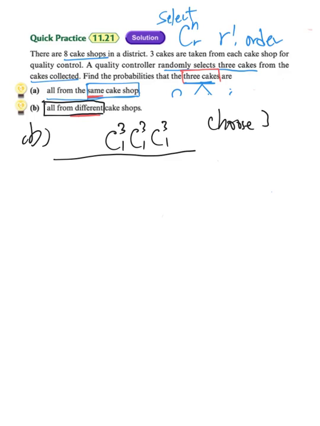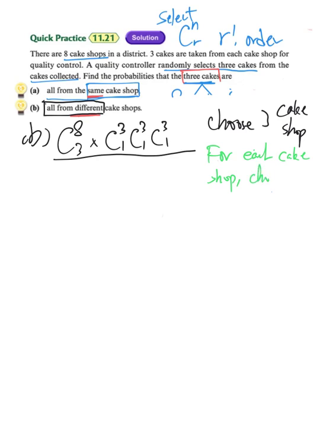And now in order to choose the 3 cake shops, you need to have another selection process, that is you choose 3 cake shops out of 8, and then for each cake shop choose 1 cake.